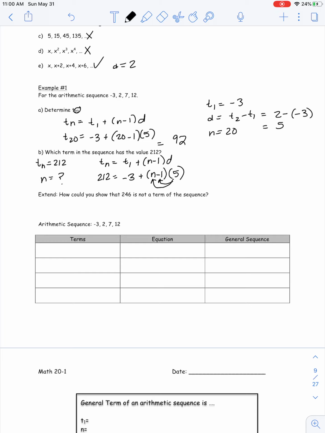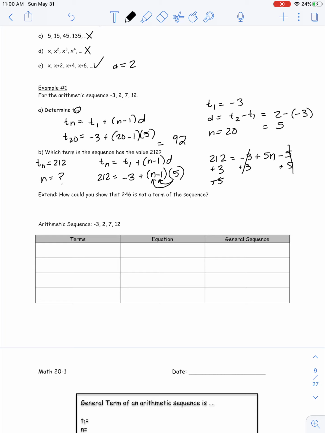So what I would do is distribute this 5 into the brackets to get that 212 equals -3 plus 5n minus 5. Then I can add 3 to this side and this side to get rid of it, and add 5 to bring the -5 and the -3 to the other side.